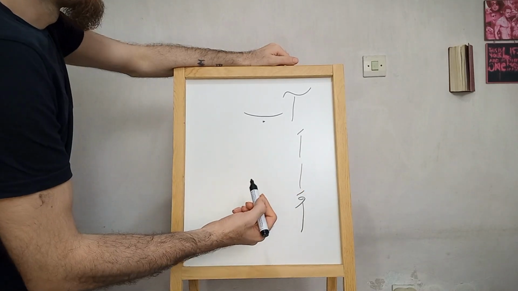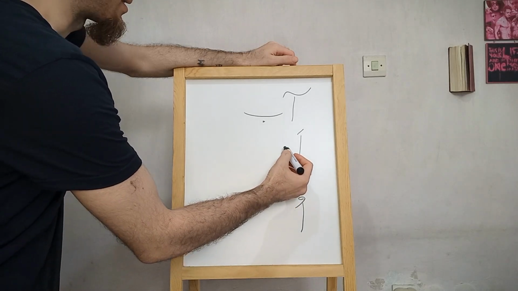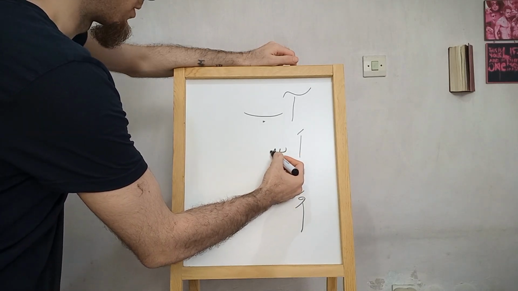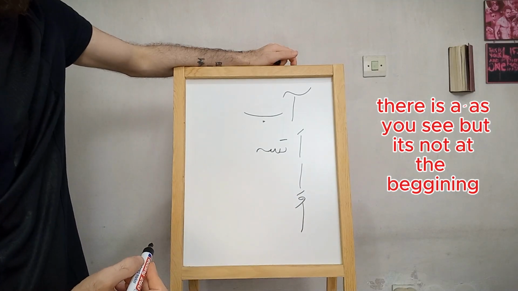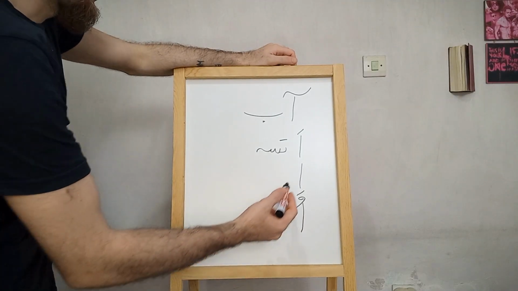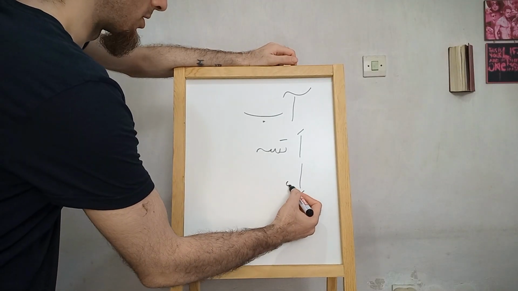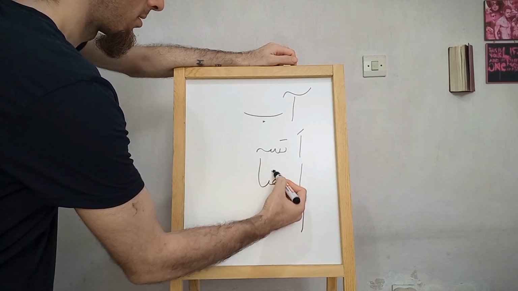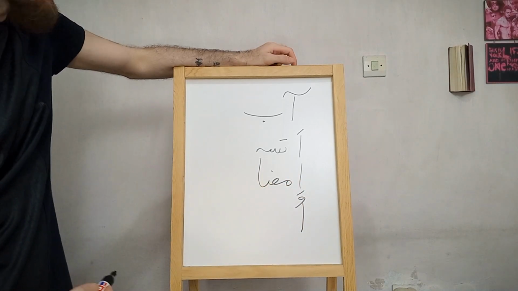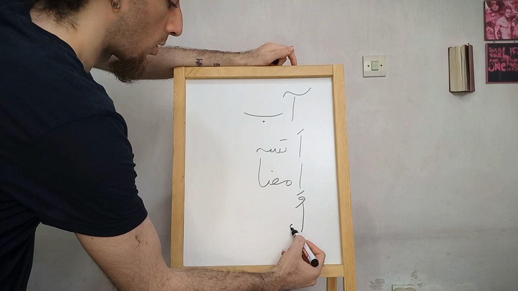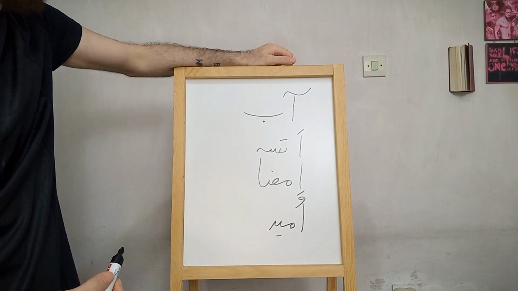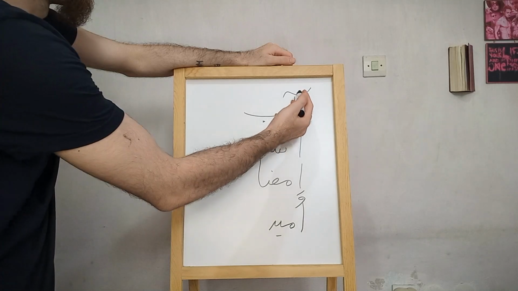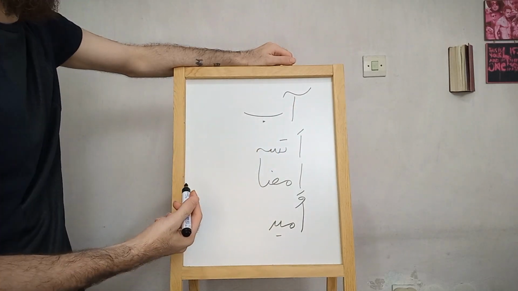A would be atse, I'm not sure which te it is, atse, which we sneeze. E would be emza. Emza is signature, and O would be omid. Right? Omid is hope.